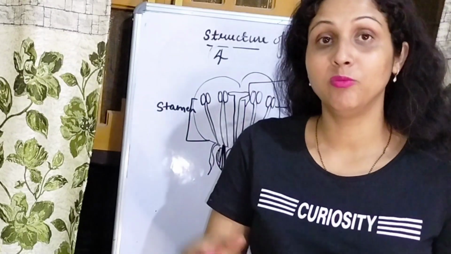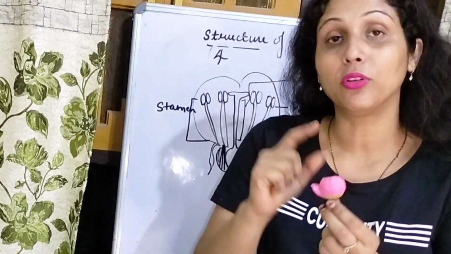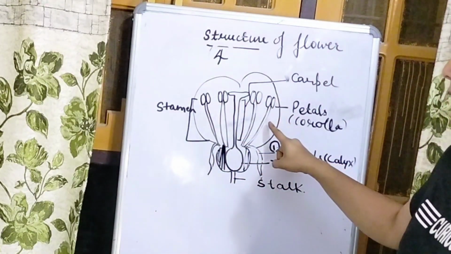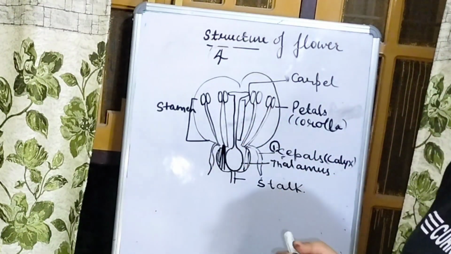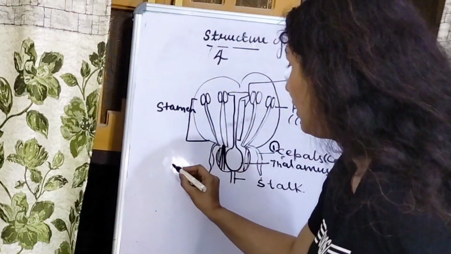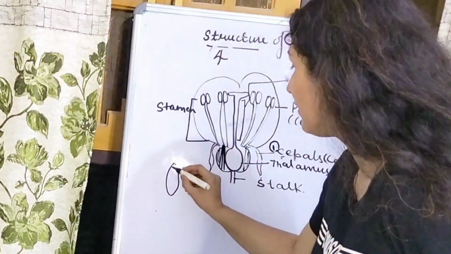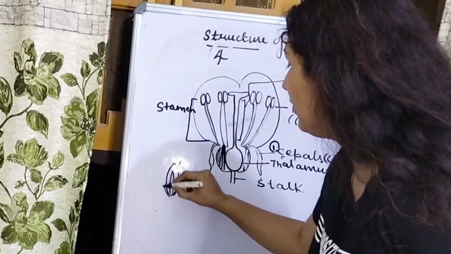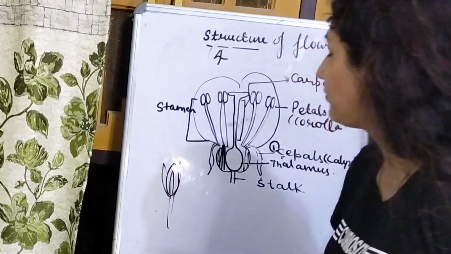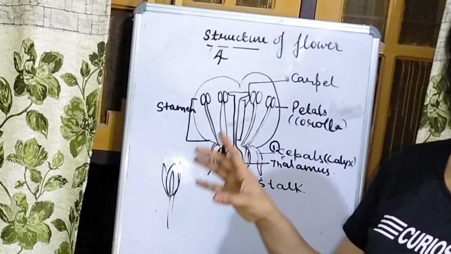When the flower is in bud condition, this covers and protects all the remaining 3 parts, like petals, stamens and carpels, because in bud condition the petals are almost covered by the green sepals. So the main function of the sepals is protection.